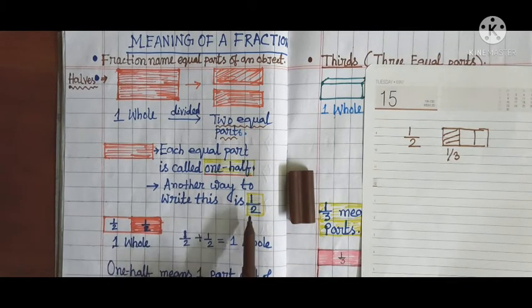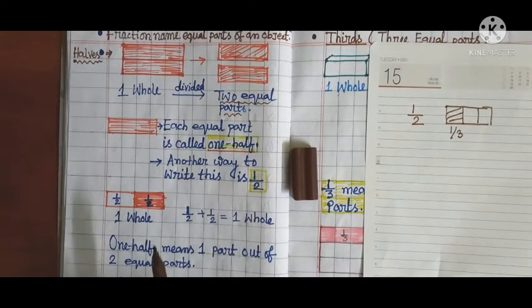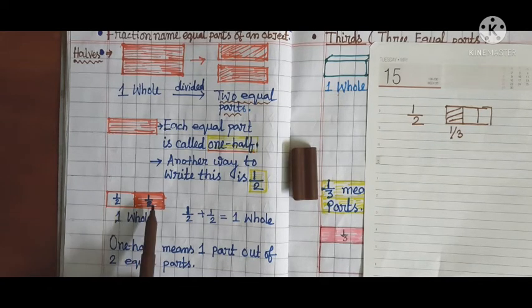Another way it is written is 1/2. Let us suppose a chocolate in this way, divided into two parts, therefore each part can be written as half.